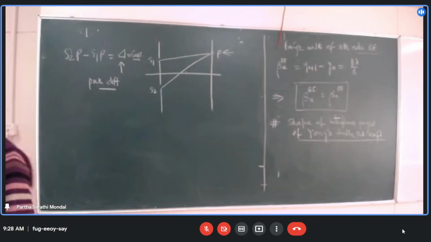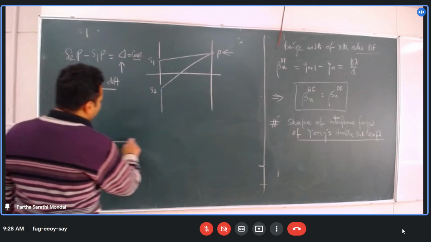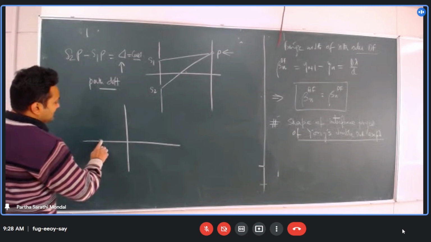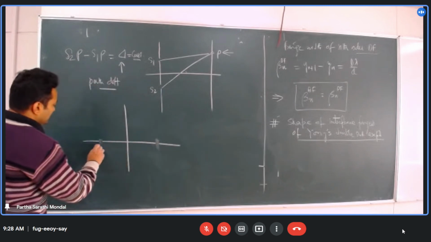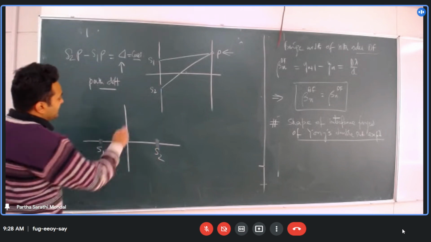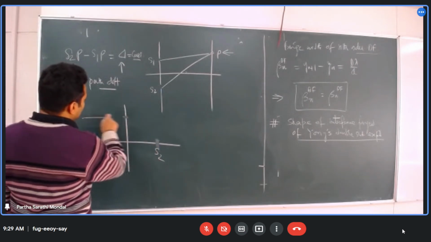Okay fine, I drew this upside down so it is not clear. Suppose this is the directrix and this is your screen, S1 is here, this is S2. So now let's say we have a point here, P. Okay, suppose this is a point somewhere.